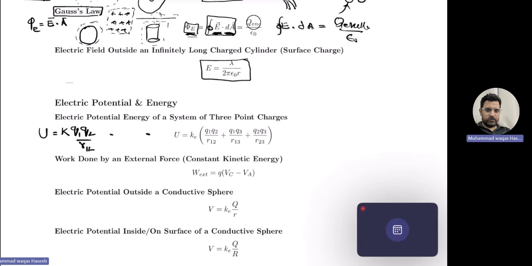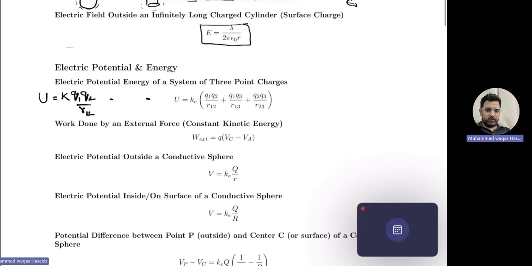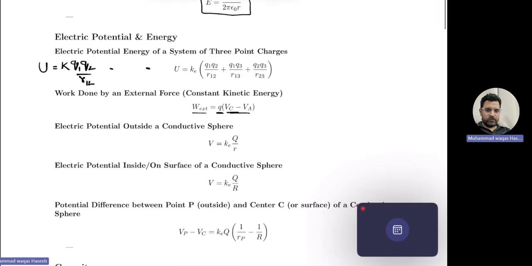It is a scalar quantity and it is related to the work done. The work done by the external force at constant kinetic energy is Q times the potential difference. So this is the external work, and we can relate it to the electric potential.